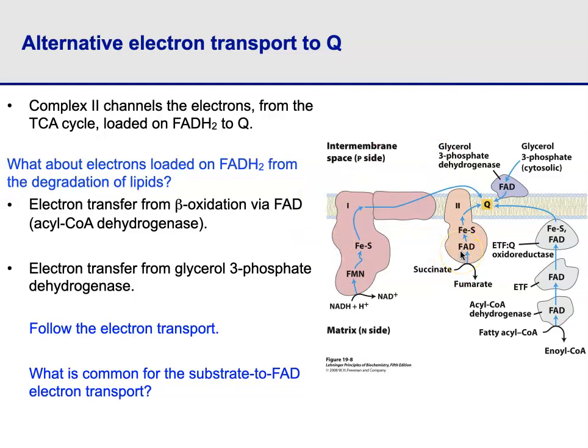Well, what about electrons that are loaded on FADH2 from fat degradation? If you remember, lipids, the triglycerides, have a glycerol portion and a fatty acid portion. And if you look back at the things that we've learned, the glycerol is processed first by phosphorylation, and then glycerol triphosphate is converted to dihydroxyacetone phosphate, which enters glycolysis or gluconeogenesis for that matter, based on what's needed.